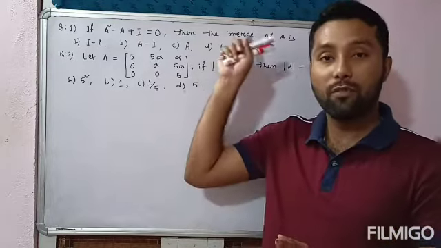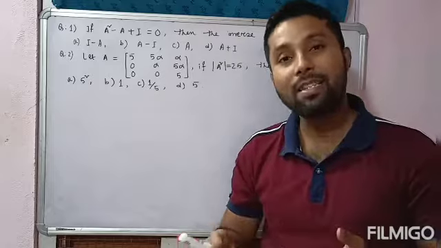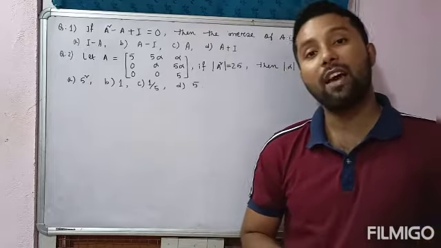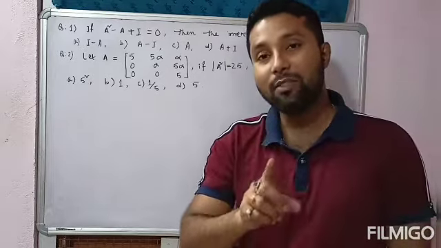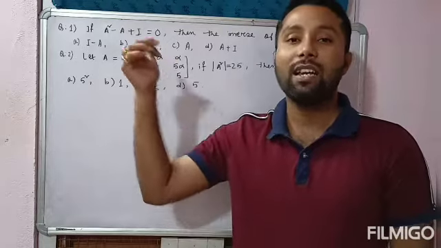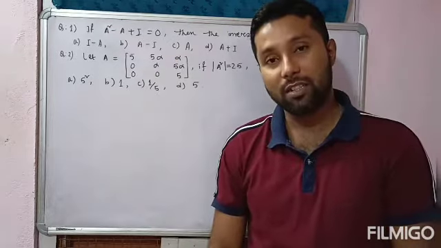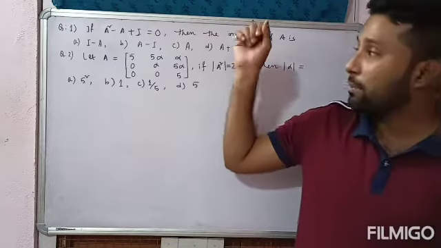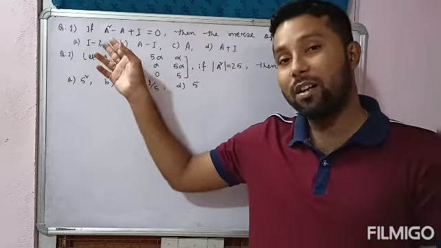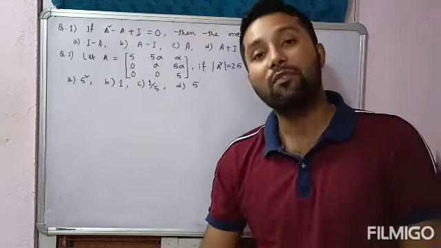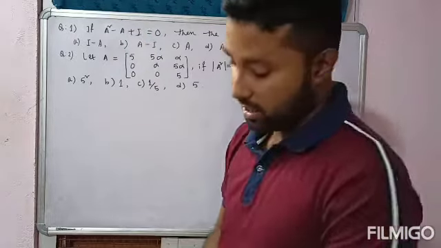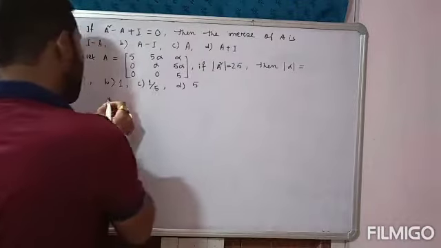Since you have to find the inverse of A, inverse of A means A inverse only. So we have to pre-multiply A inverse on both sides of the given algebraic equation. So let's see how to solve this question.